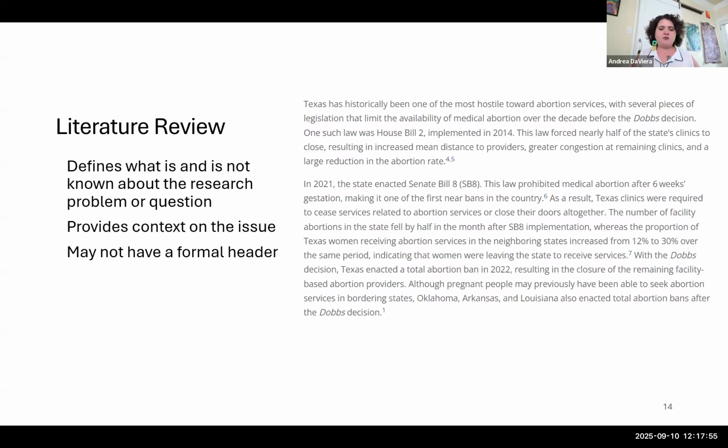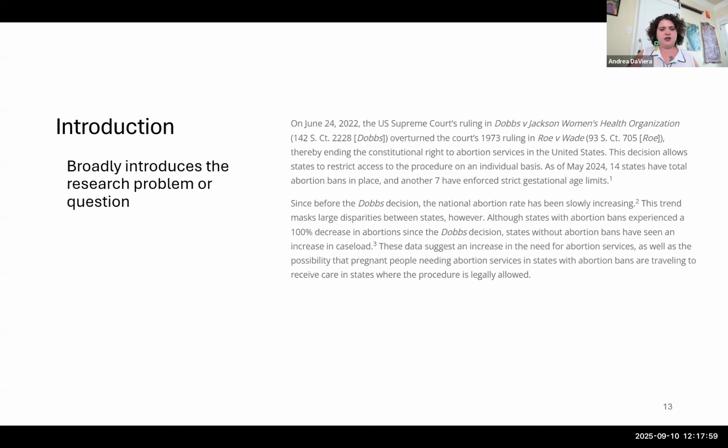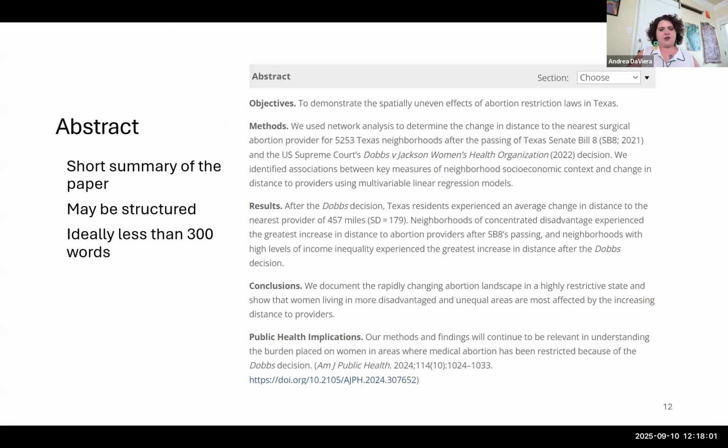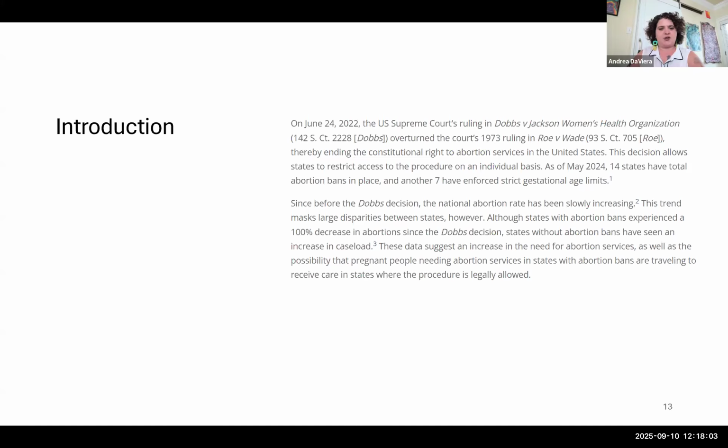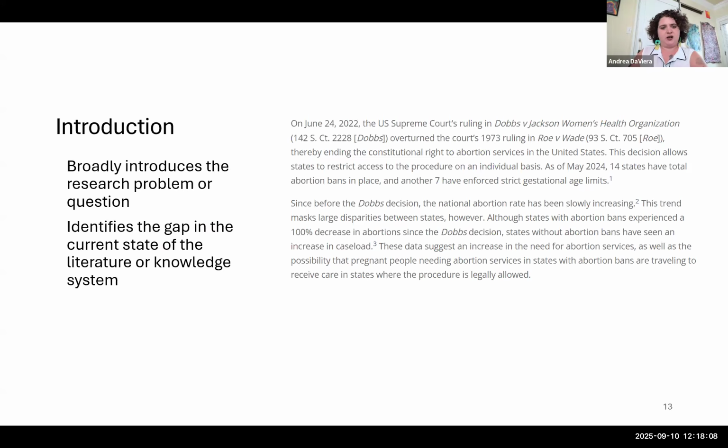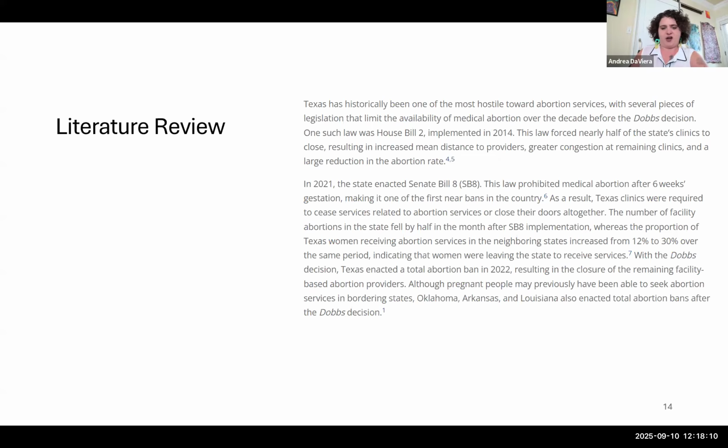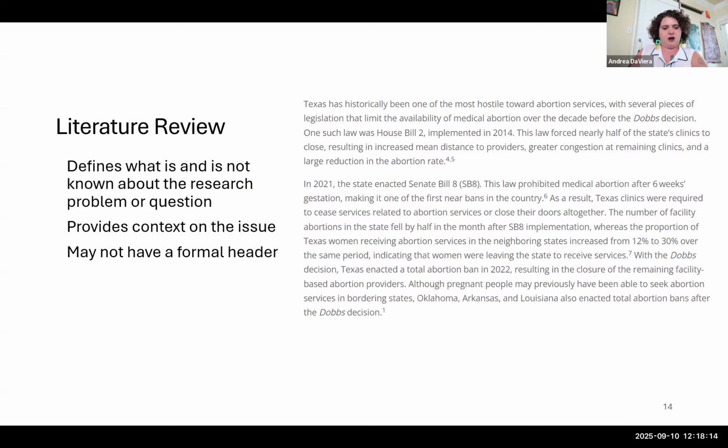The literature review may not actually have a header, like in the abstract, there's a header for how you see abstract. There is usually one for introduction, but it's cut off here. Literature review may not actually have a header. It might just seem like it's a bigger part of the introduction.